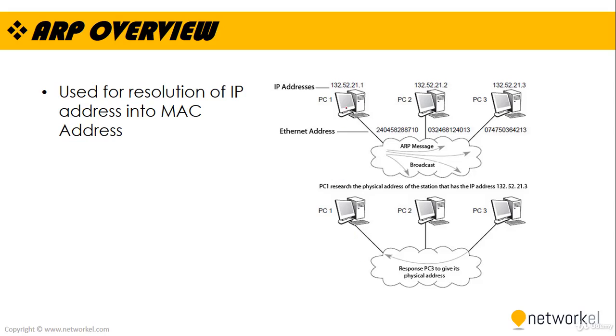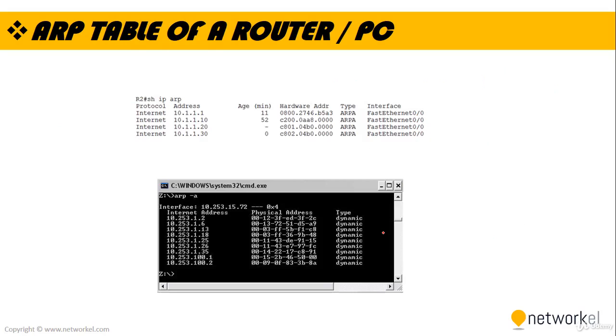For example, if PC1 sends an ARP request, this message is broadcast, comes to here and comes to here. Let's say that PC1 is searching for the physical address of the station that has the IP address 21.3, which is PC3. PC3 takes this request and replies back with its MAC address, and this packet is sent to PC1 as unicast.